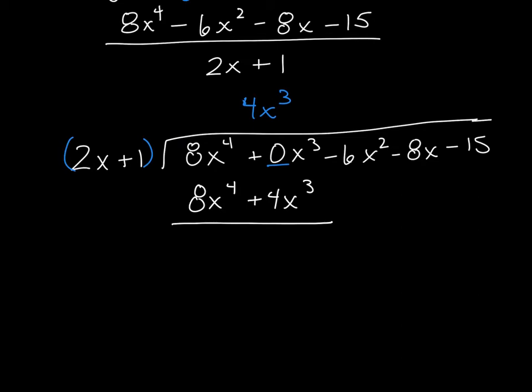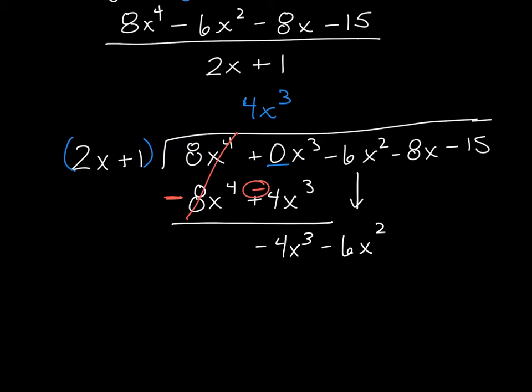Subtracting means I change the signs. So this becomes negative, and this 4 becomes a negative 4x to the third. I recommend always circling your signs to make sure you remember you've changed them. So that now means I have negative 4x to the third. I take my negative 6x squared and bring that down.